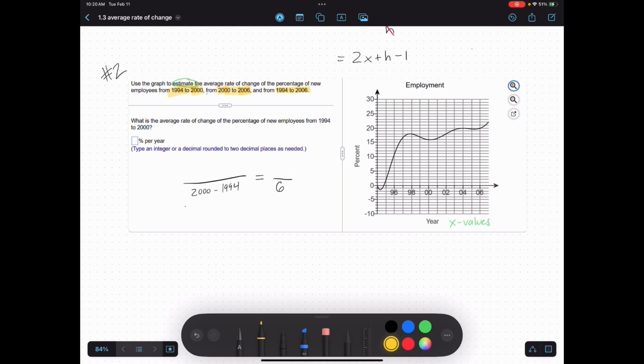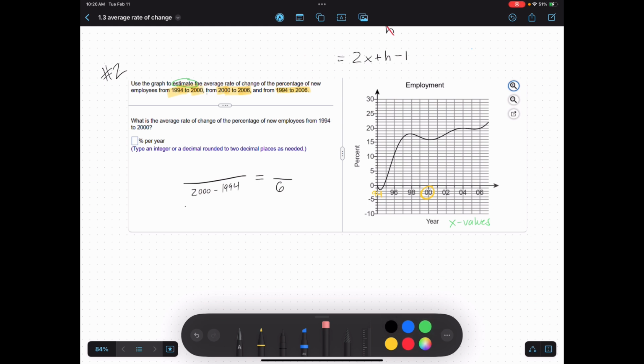So let's look at the graph. We're going from 1994, which is actually right here. 1994 is over here, to 2000. So those are my 2 x values that I'm looking at. So now I need to find the corresponding y values.